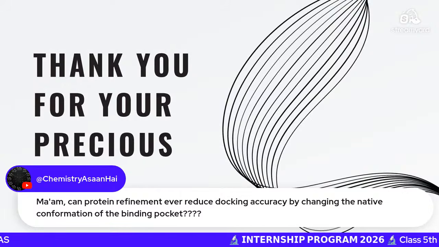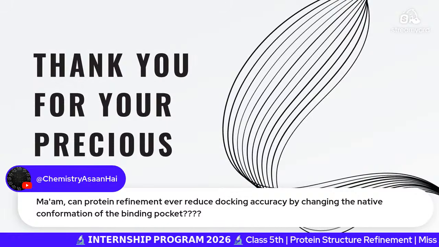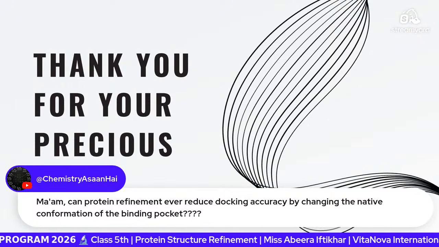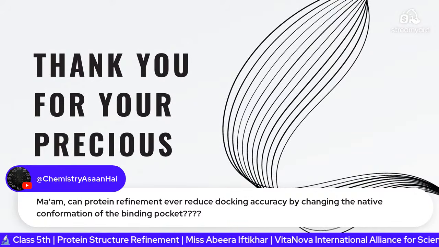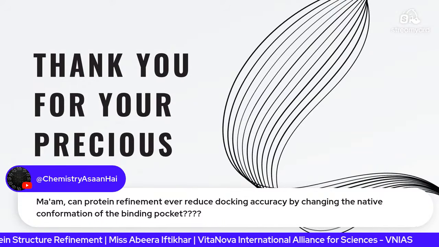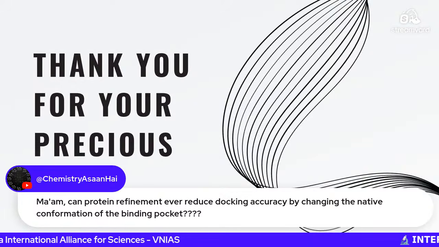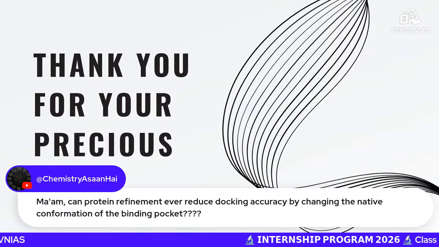The next question we have is, can protein refinement ever reduce accuracy by changing the native conformation of the binding pocket? No, it doesn't work like that. Protein refinement doesn't reduce docking accuracy. It actually improves your docking accuracy.